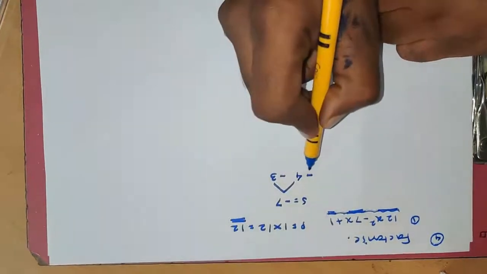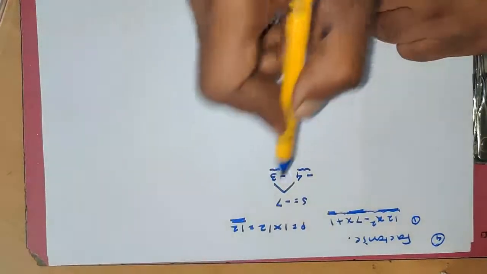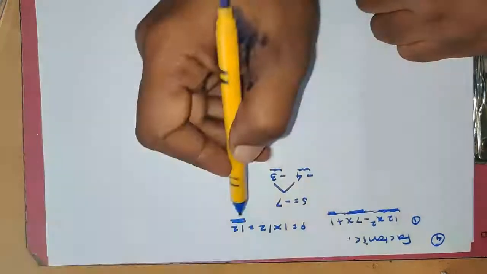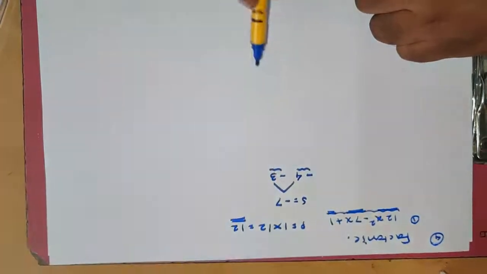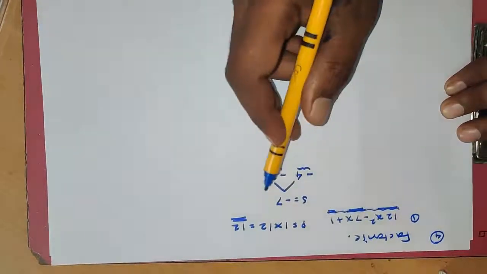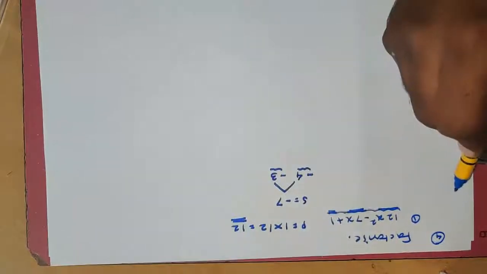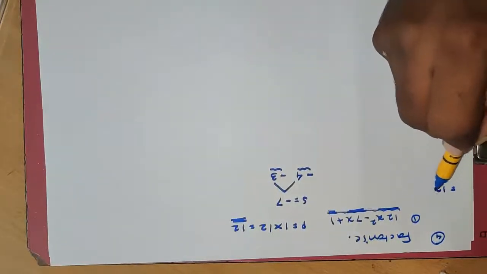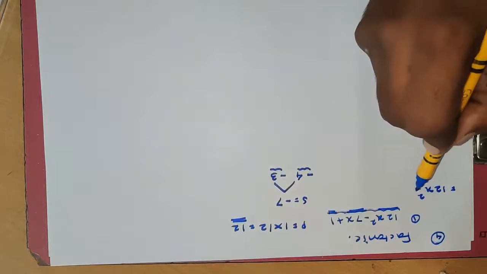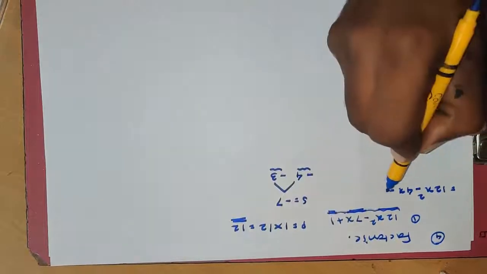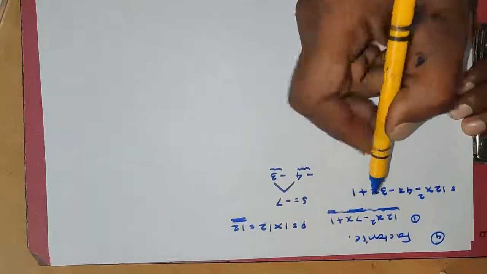So these two numbers satisfy both the conditions. Which are the conditions? Product should be plus 12 and sum should be minus 7. So here we will write, in place of minus 7x, 12x square minus 4x minus 3x plus 1.